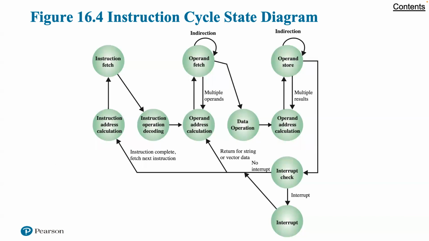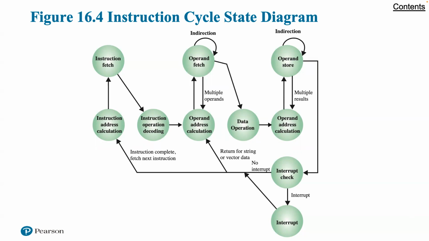Another way to view this process is shown in figure 16.4, which is a revised version of what we were showing in figure 3.12 in chapter 3. This illustrates more correctly the nature of the instruction cycle. Once an instruction is fetched, its operand specifiers must be identified.